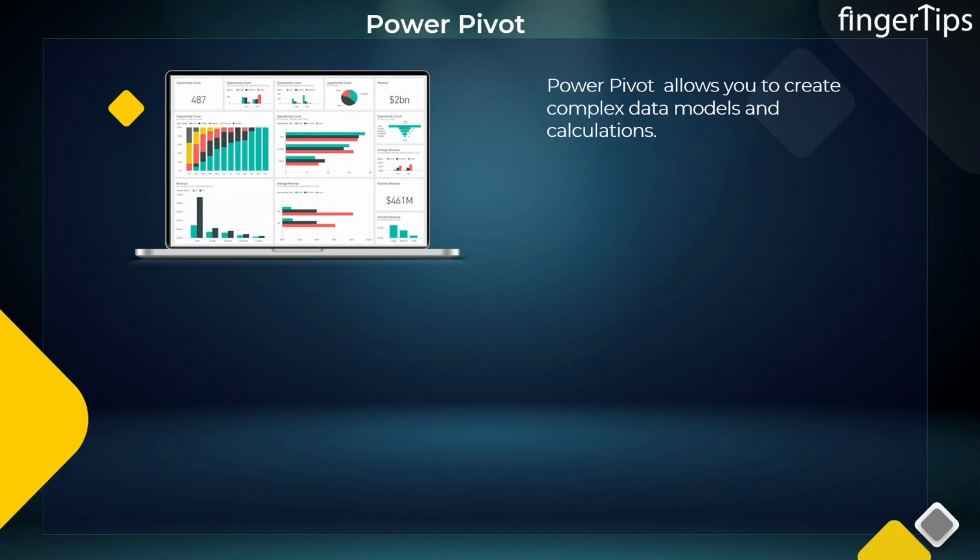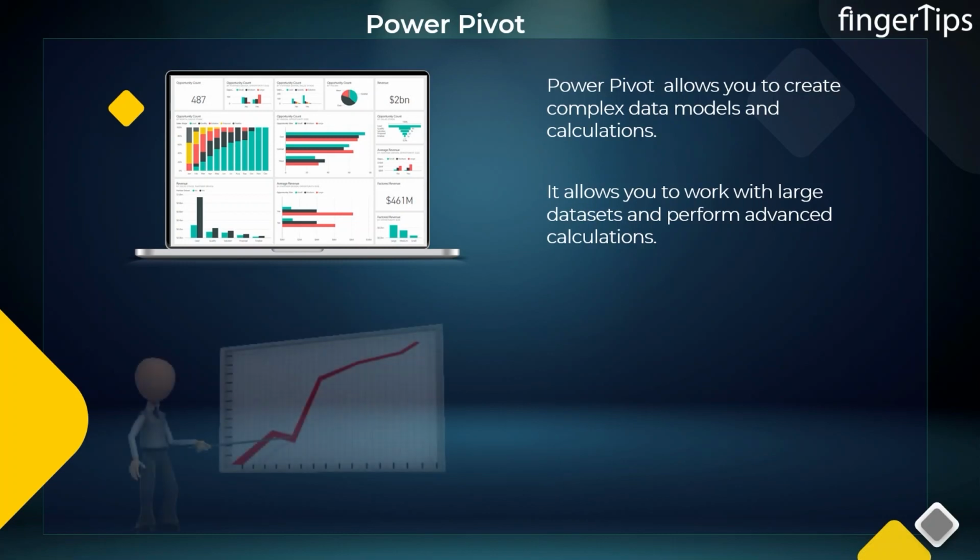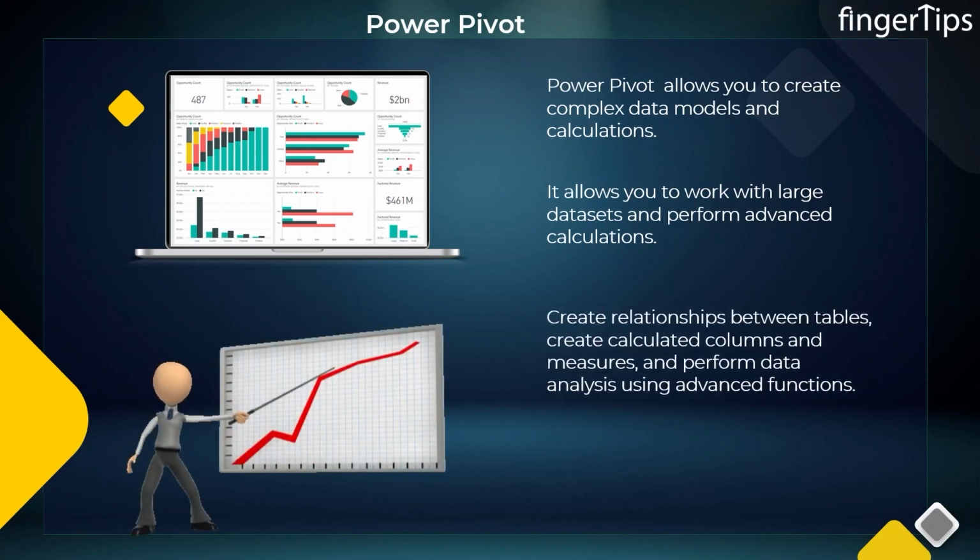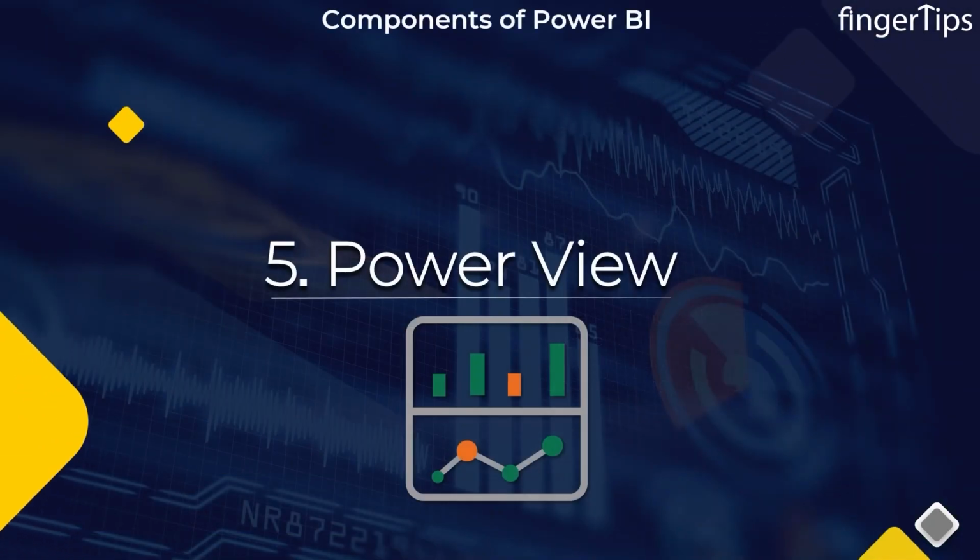It is an add-on for Excel that allows us to work with large data sets and perform advanced calculations. With Power Pivot, we can create relationships between the tables, create calculated columns and measures, and perform data analysis using advanced functions. Next we have Power View.